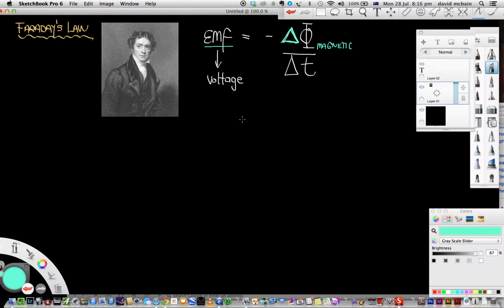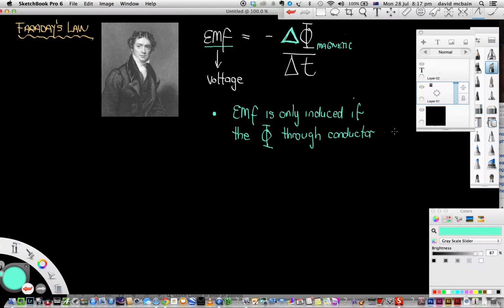So the very first point we need to make is that an EMF will only be induced or created if the magnetic flux through the coil or through the conductor is changing.